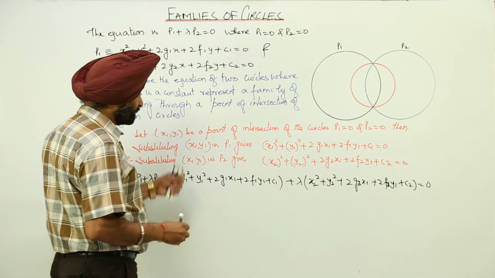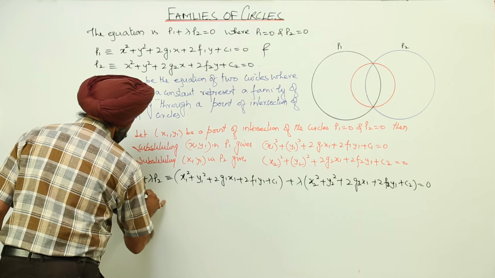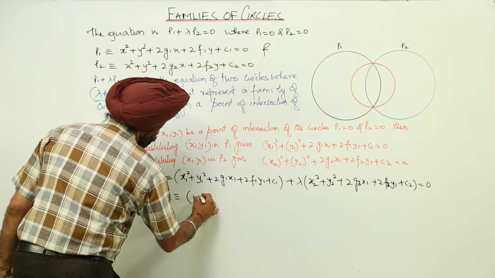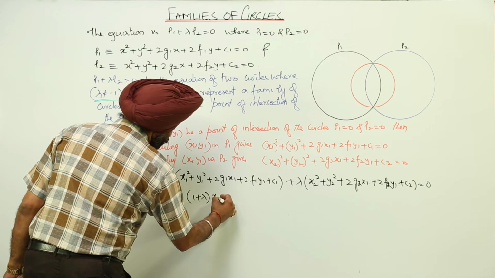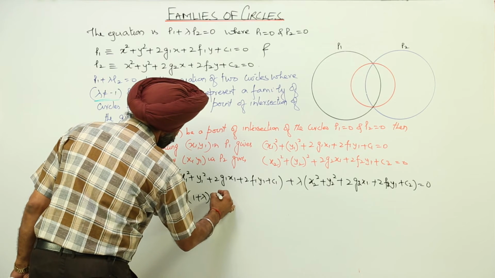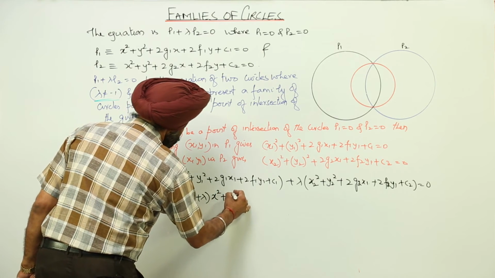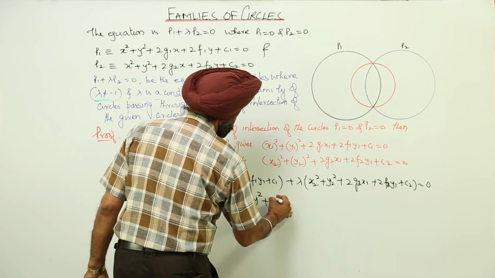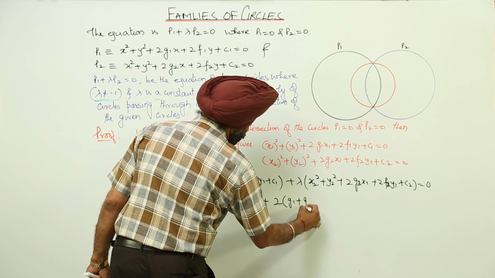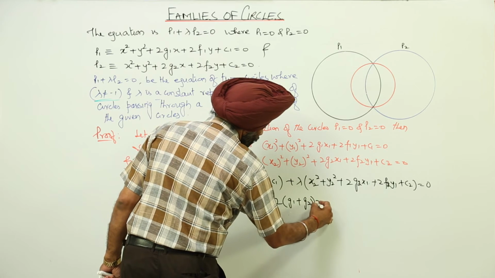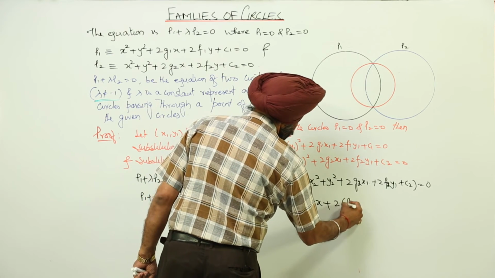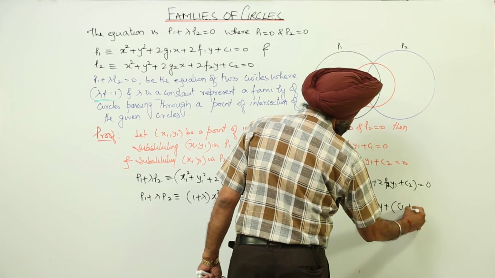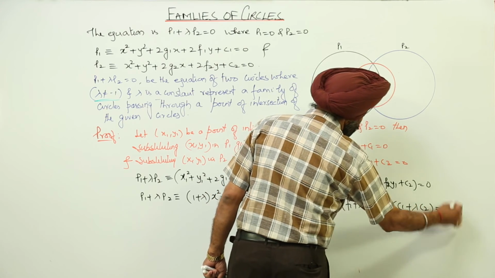Now the basic thing is what we are getting now: P1 plus lambda P2 is identical to 1 plus lambda with x square plus 1 plus lambda with y square plus twice of g1 plus g2 lambda x plus twice of f1 plus lambda f2 y plus c1 plus lambda c2 is equal to 0.